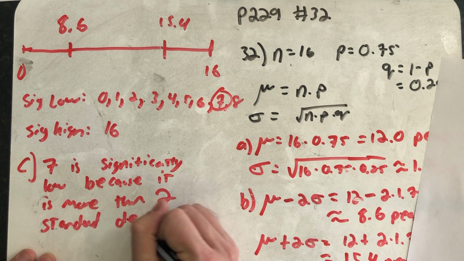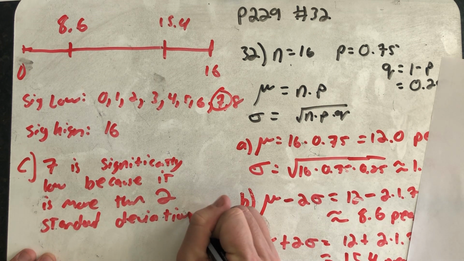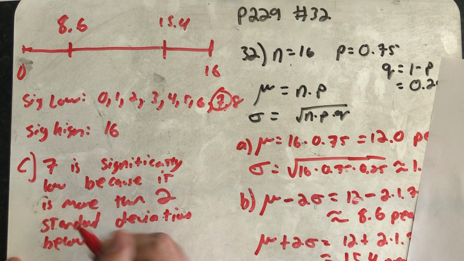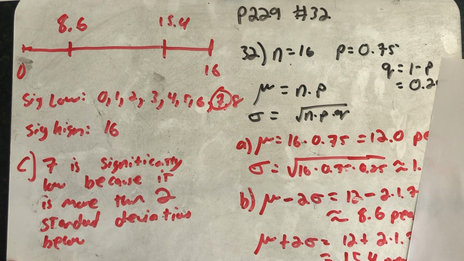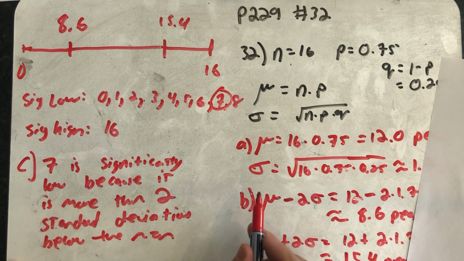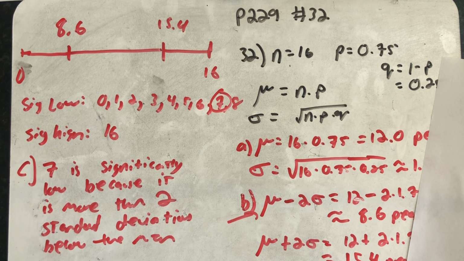What's really going on? 7 is significantly low because it is more than 2 standard deviations below the mean. That's what this calculation does. It identifies 2 standard deviations below the mean. Anything below that, that's significantly low.